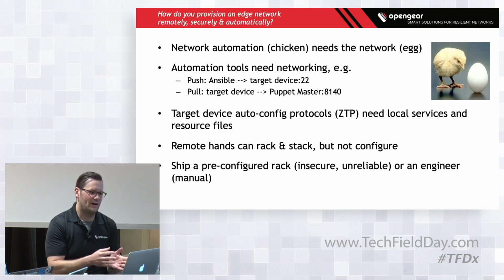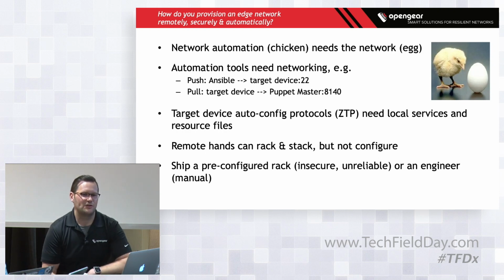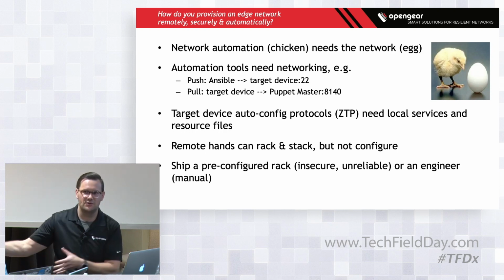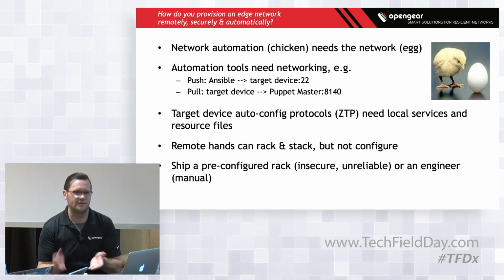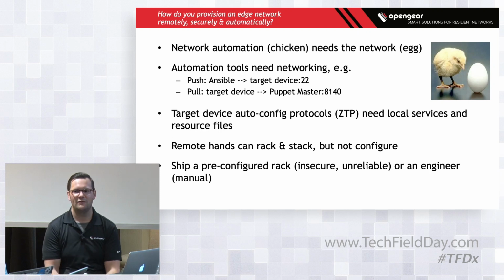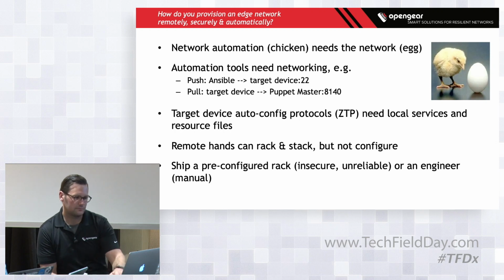And once you've got that infrastructure configured, you have to fairly tightly control the chain of custody from the staging area to where it's deployed in production. And subtle differences between your staging and your production environment can break things, in which case you're stranded and you don't have your remote access. The other one is to fly an engineer to site. That's a pretty typical one, but obviously that's the opposite of automation.